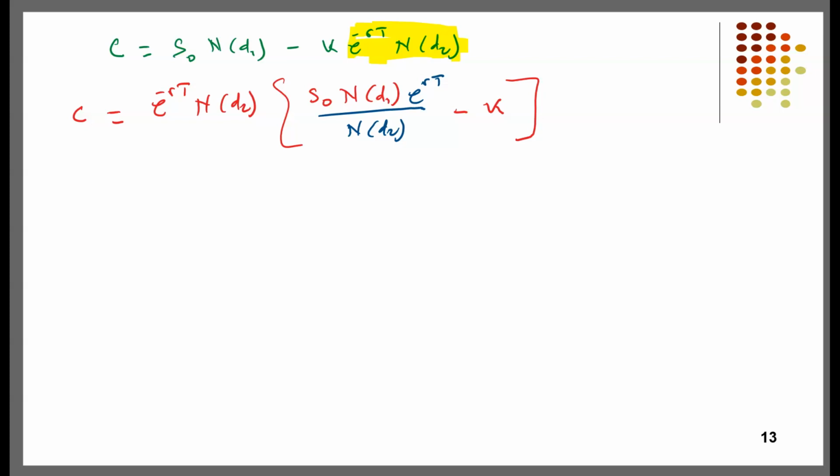That would still be equal to that, but I would be looking at this ratio here that I have in the bracket. Remember, that's the future value of the underlying, and that is divided by the probability that the option gets exercised. And so the ratio of S0 multiplied by ND1 future value, divided by ND2, really that ratio here is the future value of the underlying, or the expected value of the underlying.